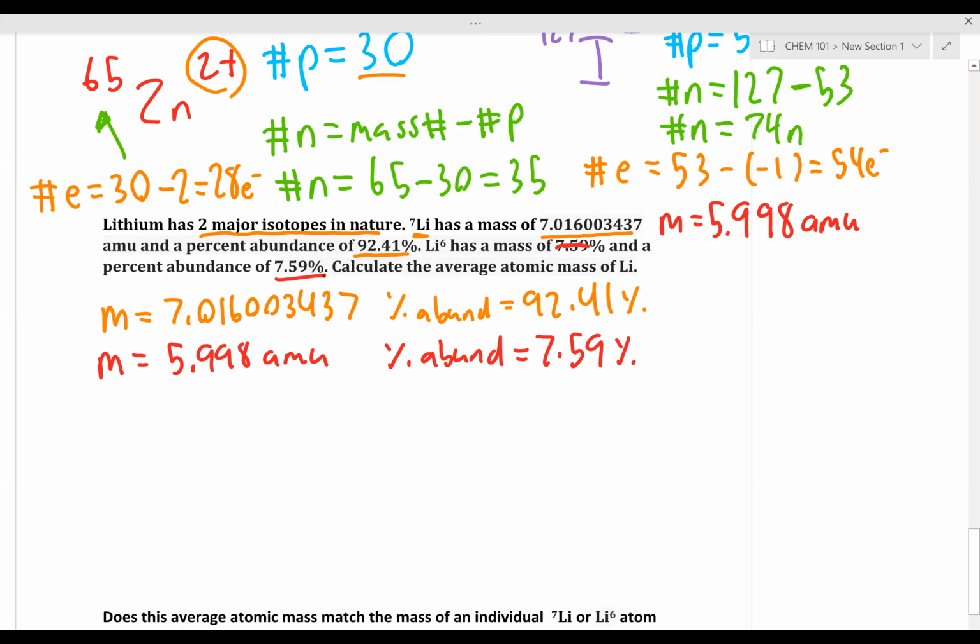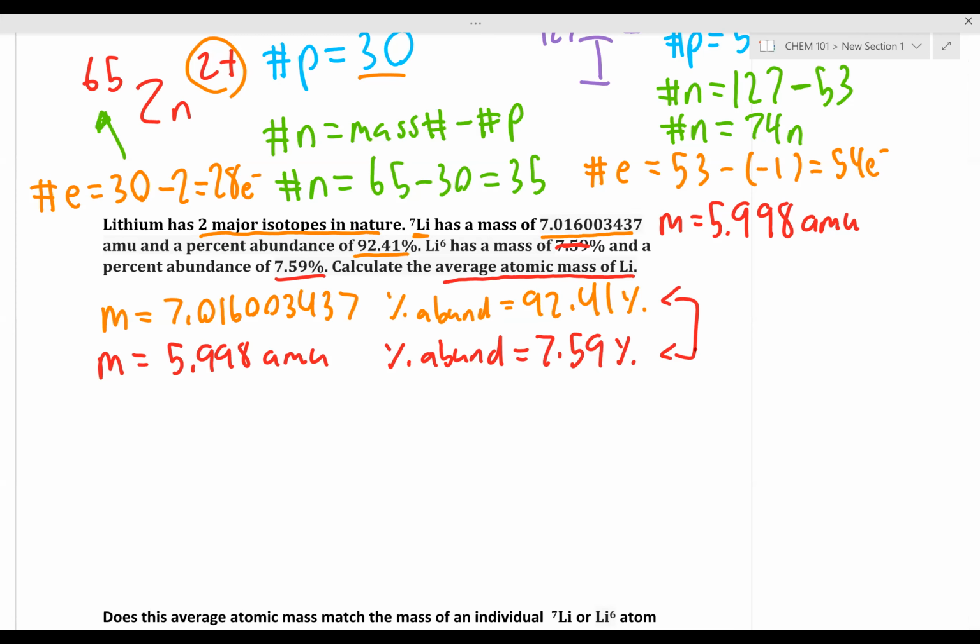Now, we are asked to calculate the average atomic mass of lithium. Once we have this information established, do we have all the pieces that we need to calculate the average atomic mass, which is the weighted average of all isotopes? Yep.